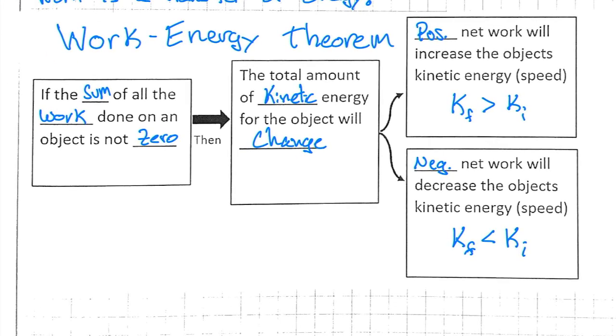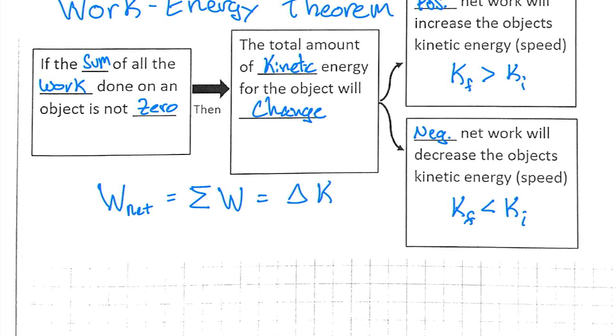Another way of writing this is that the net work done, which is of course the sum of all the work, is equal to the change in kinetic energy. And this is for a single object, not for a system.